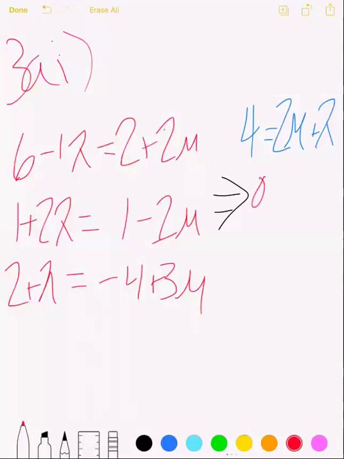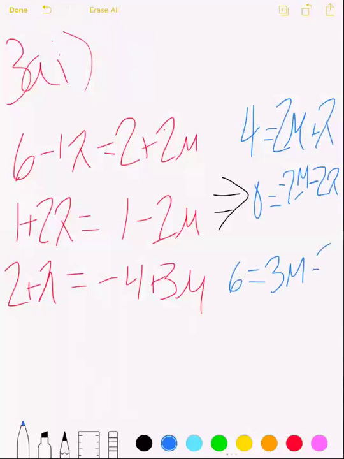0 is equal to -2 mu minus 2 lambda. And then the last one would be 6 is equal to 3 mu minus lambda.